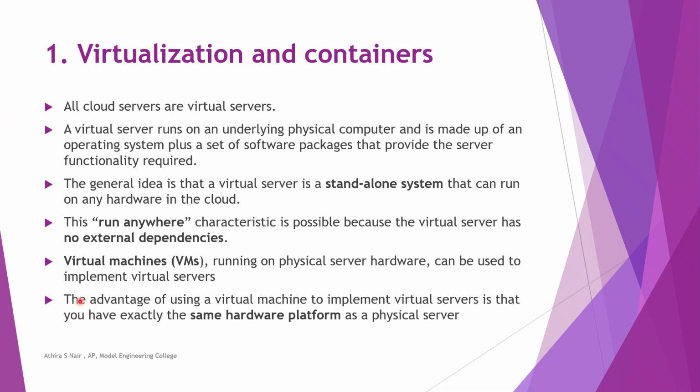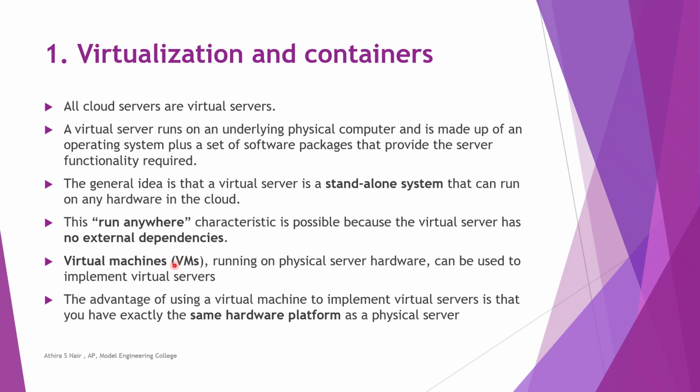The advantage of using a virtual machine to implement virtual servers is that you have exactly the same hardware platform as a physical server. You can therefore run different operating systems on virtual machines that are hosted on the same computer.